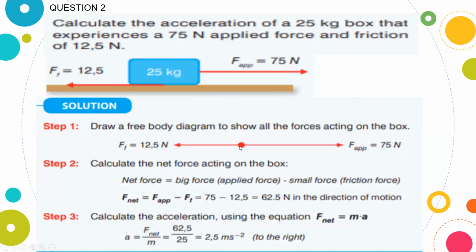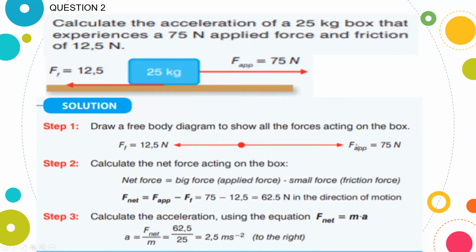You are drawing all forces on the point. First, we have the applied force starting from the point. The tail of the applied force must be at this point, and the tail of the friction force also must be at this point. If you have another force, you just add it. A free body diagram means putting a dot and then drawing all forces on this dot. After that, it is easy to get the net force.